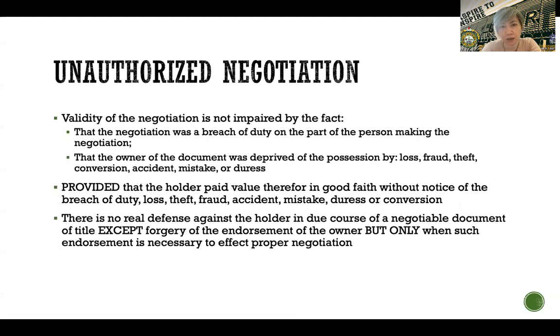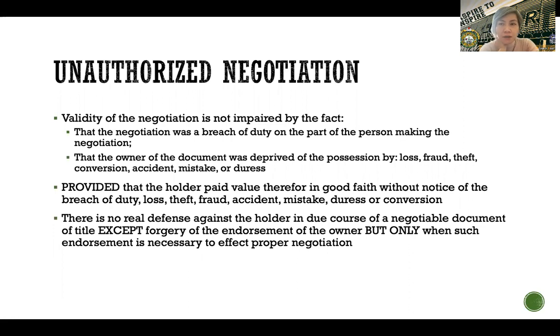It is not impaired by the fact that the negotiation was a breach of duty on the part of the person making the negotiation, or that the owner of the document was deprived of possession of the document of title by loss, fraud, theft, conversion, accident, mistake, or duress. Right? So therefore, its negotiability is still upheld.